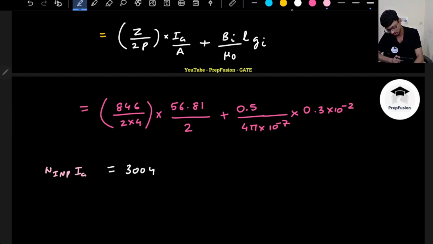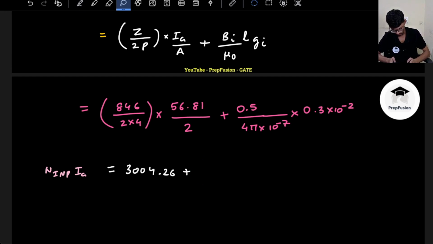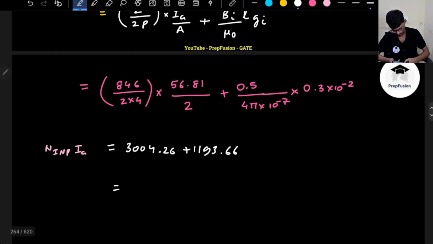So this will be 3004.26 plus 0.5 divided by 4 into pi into 0.3 into 10 raised to power 5. So this is 1193.66.